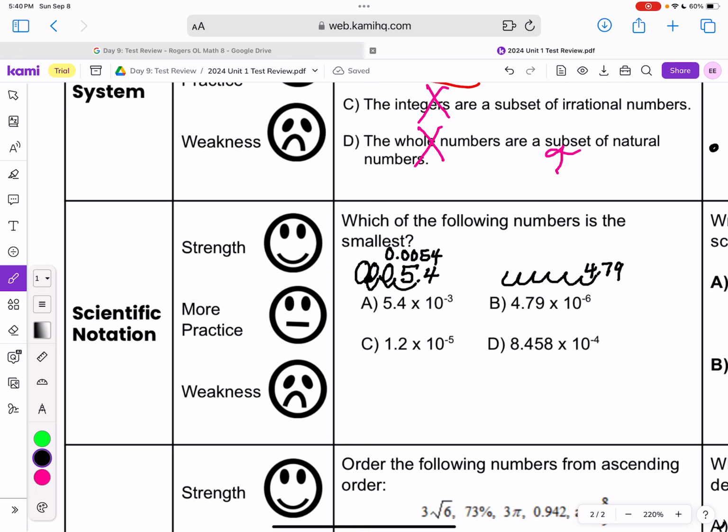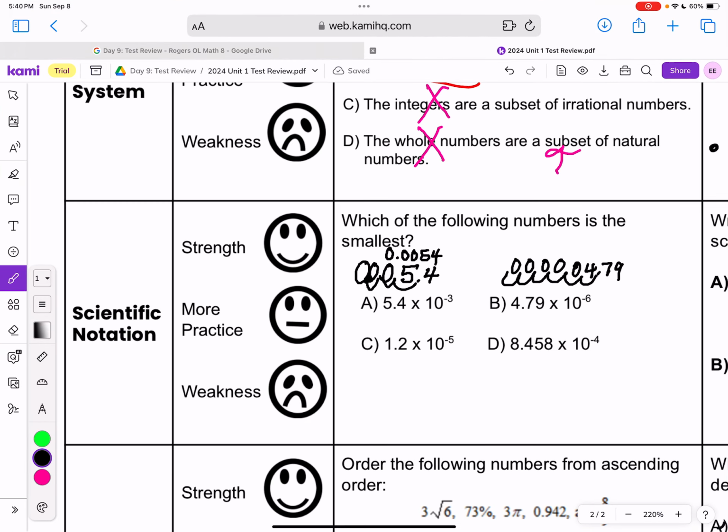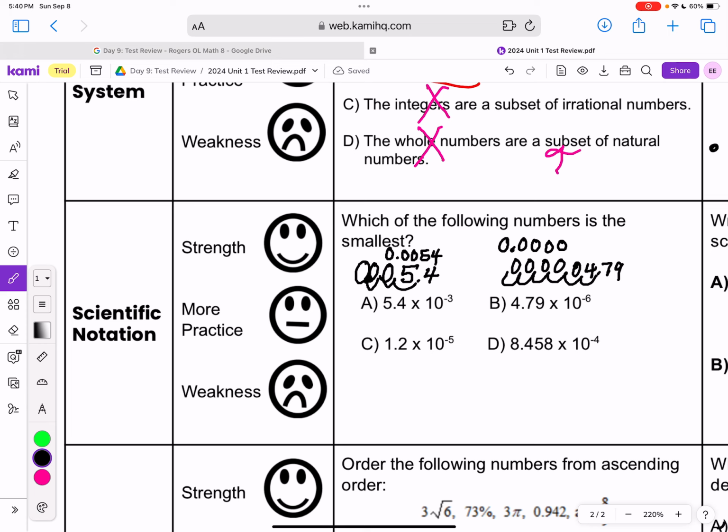Okay, so 0.123, 4, 5 zeros 4 7 9. Okay, this one goes back 5. So I have it's the other way. 1 point.